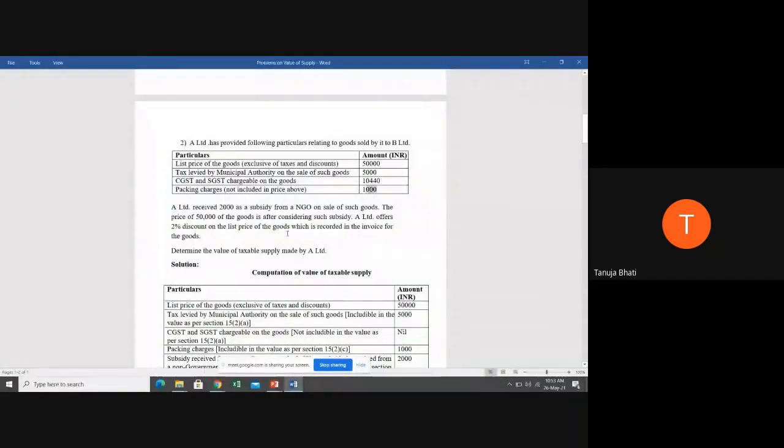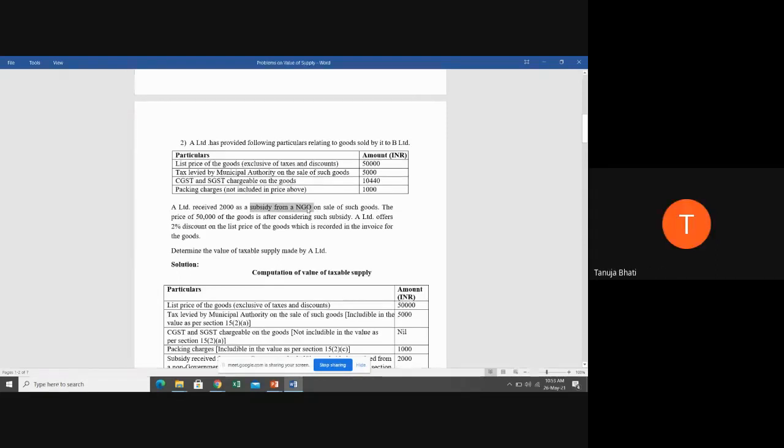Next, A Limited received 2,000 as a subsidy from NGO on the sale of such goods. So tell me students, should this 2,000 be included or excluded? Ma'am, included. Included because subsidy is received from NGO and not from government. If it was received from government, you would ignore this.